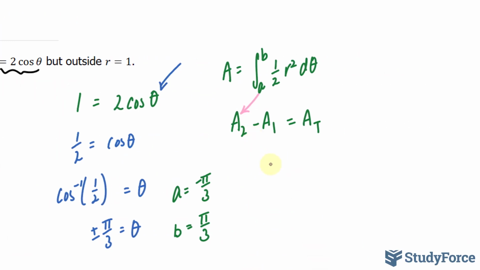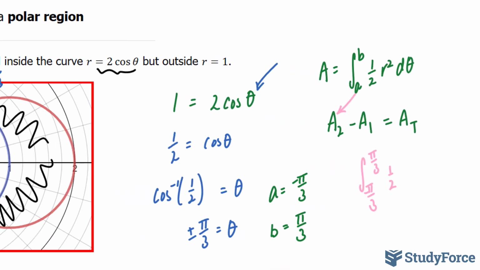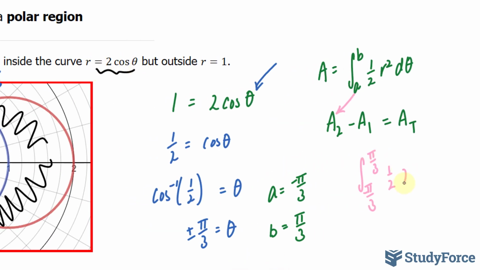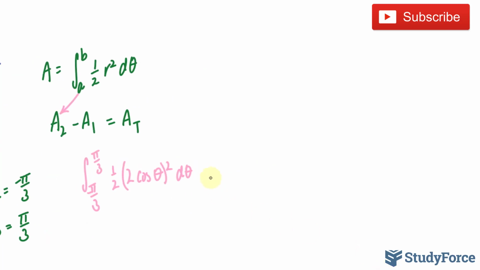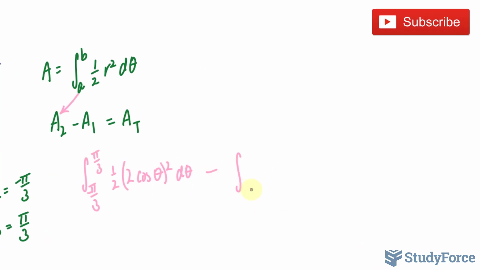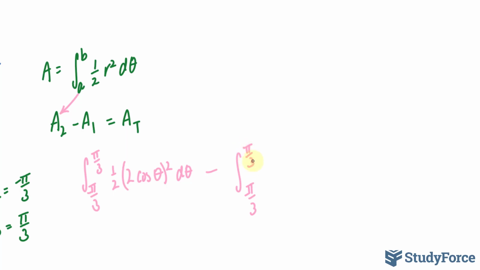We have the integral between negative pi over 3 and pi over 3, half times r, which in our case for the red curve is 2 cosine theta, all raised to the power of 2, minus, once again, the integral between negative pi over 3 and pi over 3, half times r, which is equal to 1, remember?